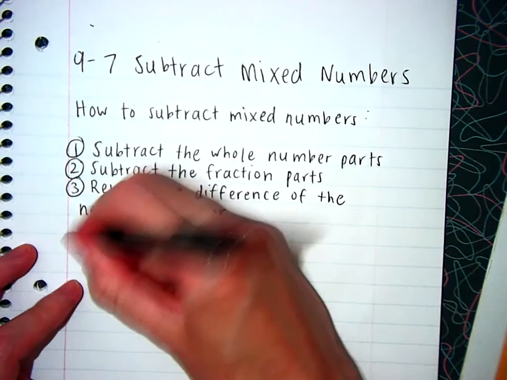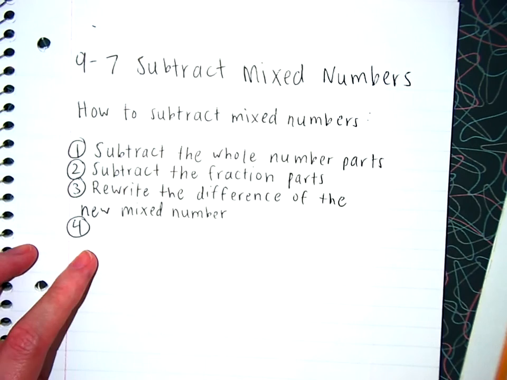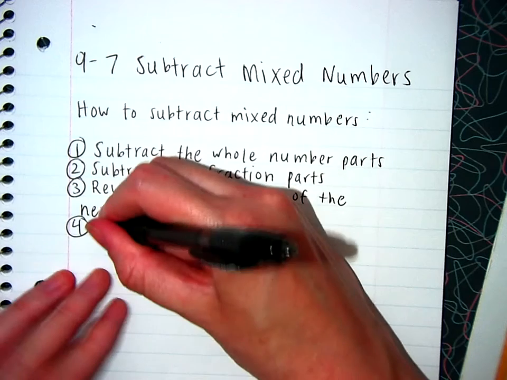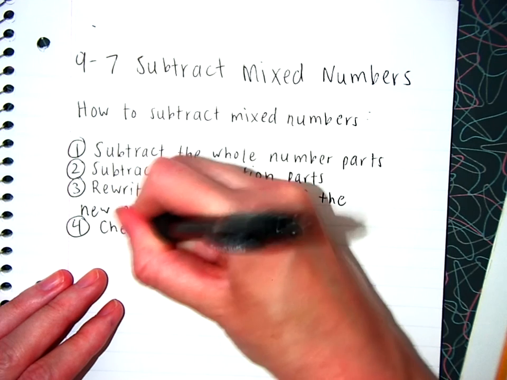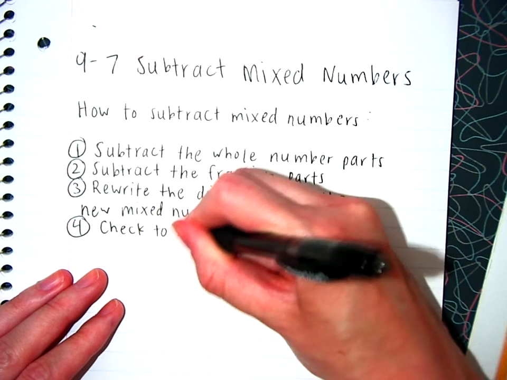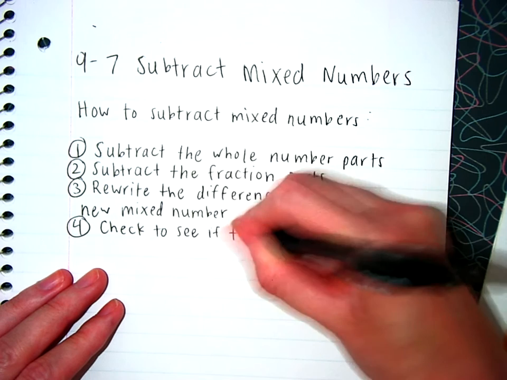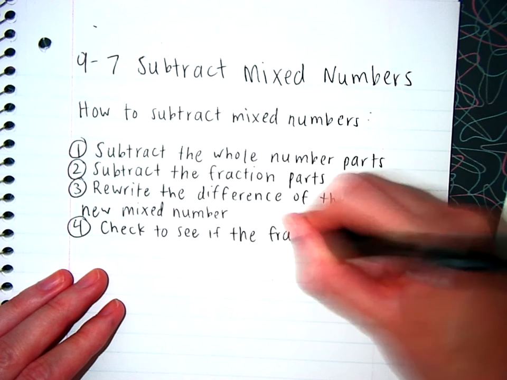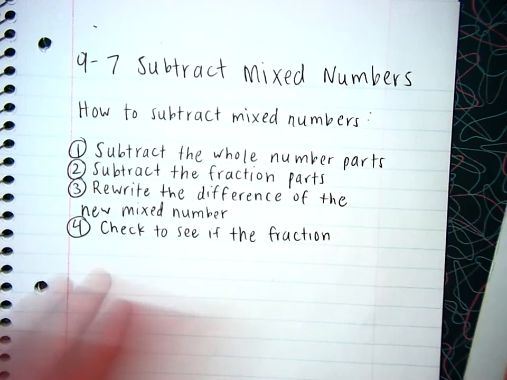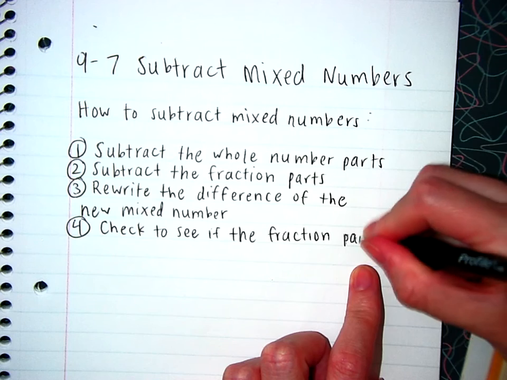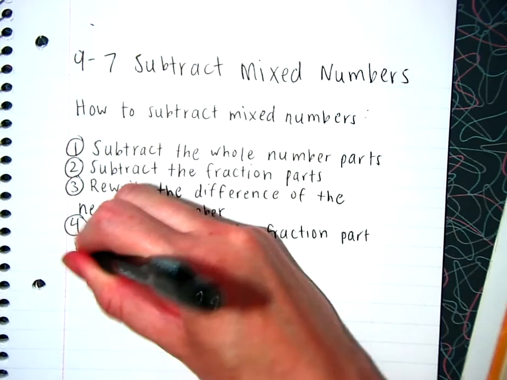Then, same thing as our addition, your fourth step is check to see if the fraction part is in simplest form.